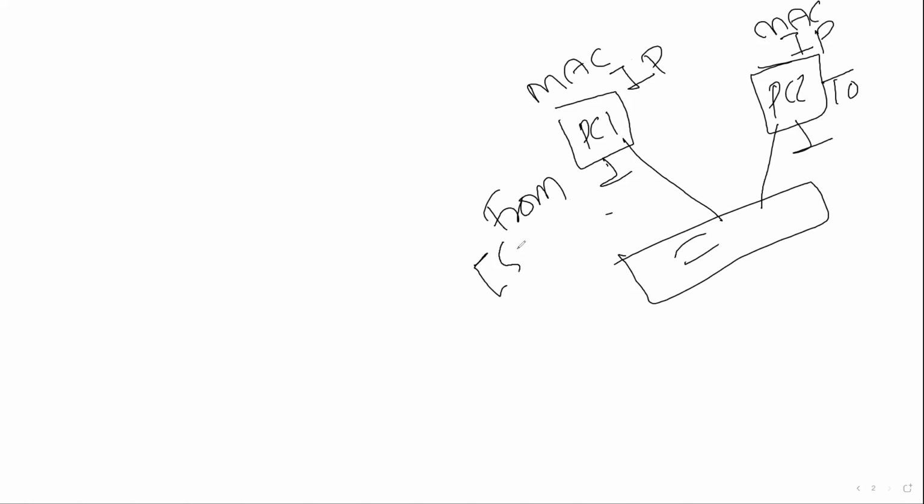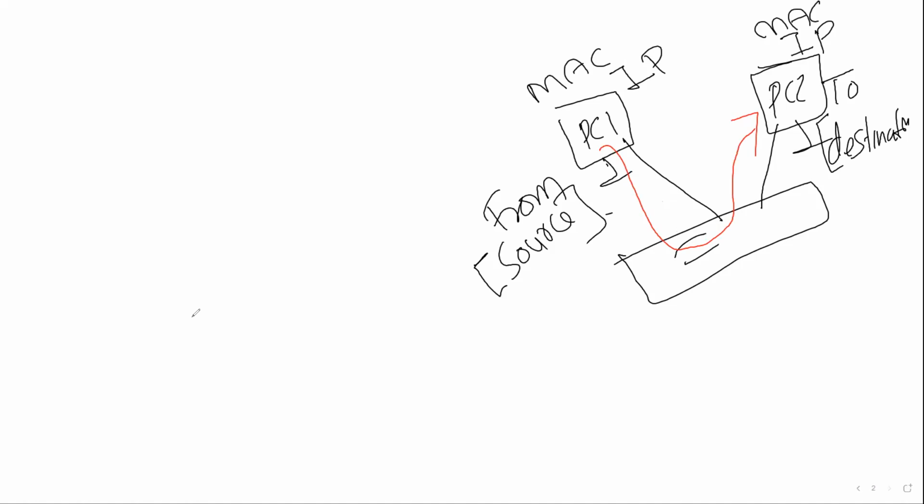The from, technically, we call a source, and the to, we technically call a destination. If you are sending your traffic from this system to this system, and it is vice versa, PC2 must be a source and PC1 must be a destination.